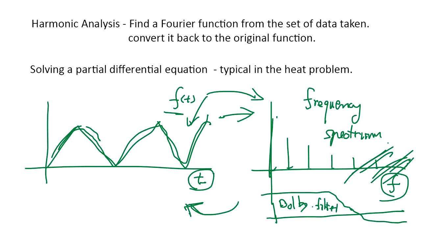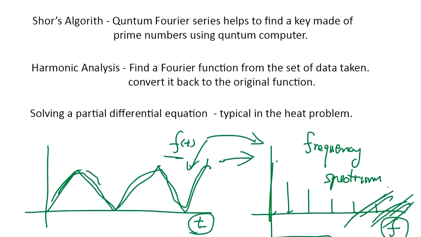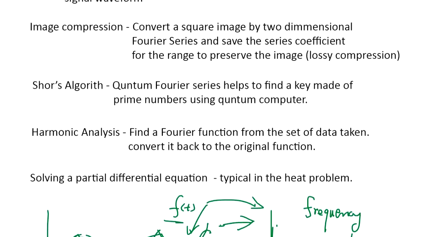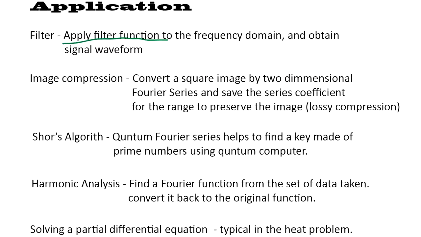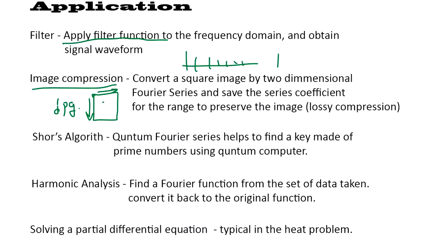So in electrical engineering, filtering is often used. This is a vital mathematics tool to analyze what happens to the waveform. Image compression, your favorite JPEG, uses this. How does it work? You have an image, you do a Fourier transform in two dimensions, so you get discrete values in a two-dimensional table.